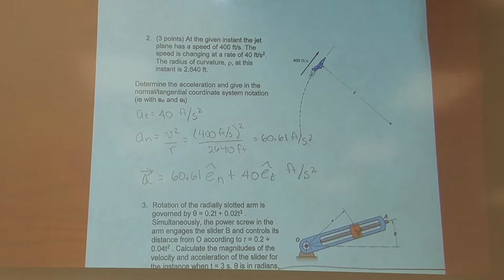The 2 components were a sub t, which was given, and then the normal, due to the change in direction, is just v squared over r. So once I calculated those 2, then the acceleration is just those 2 values. Okay? So they're at 90 degrees to each other.